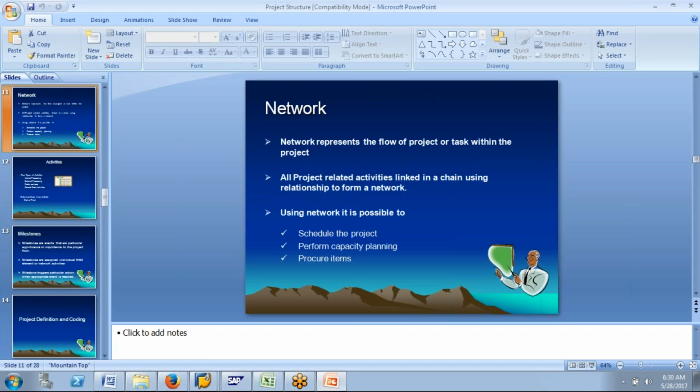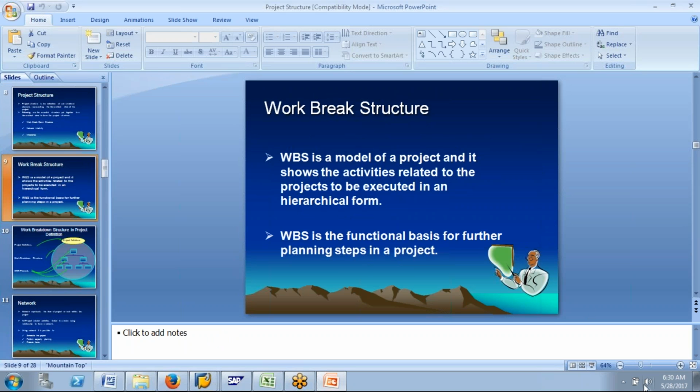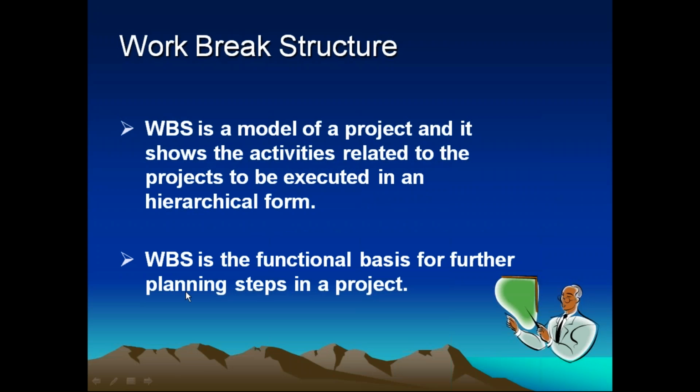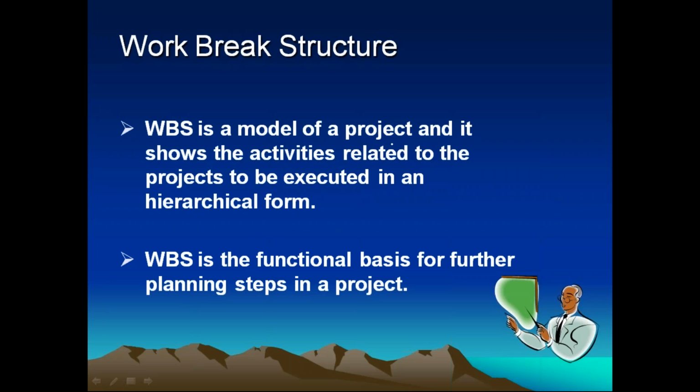For that, we want to quickly go through what we discussed in the previous class, the project structure. The WBS is a model of a project, and it shows the activities related to the project to be executed in a hierarchical form. We classify the total work into different activities, executed in a hierarchical form.